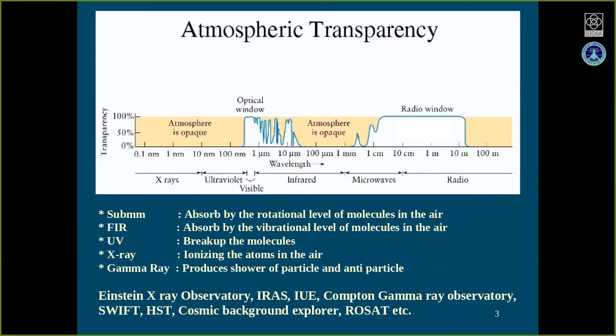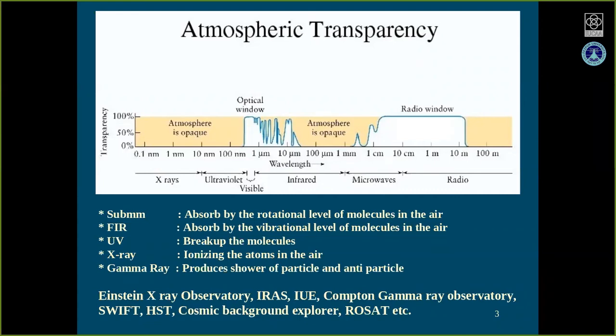That correction is not required because you are observing using a space telescope. It is required only on the surface of the Earth. If your telescope is ground based, then only you have to go for the atmospheric correction and zero point correction. Otherwise, it is not required. Any more questions?